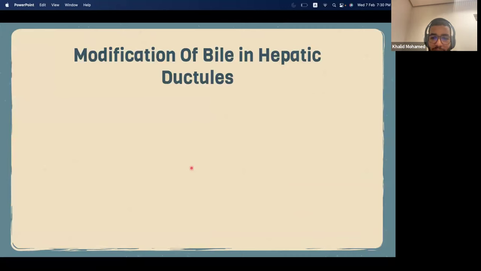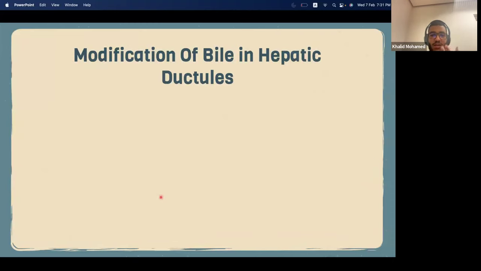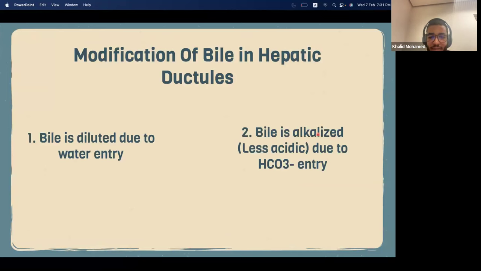So the summary of all of this, the modification of bile in hepatic ductules is: one, bile is diluted due to water entry, so bile salts or bile acids are going to be more dilute. The second difference is bile is alkaline, which means it becomes less acidic due to bicarbonate entry. This is a very high yield concept, and you'll come to know why in a bit. But all clear until now?